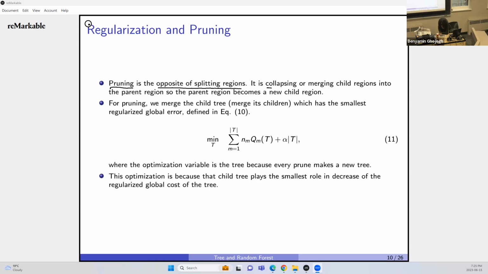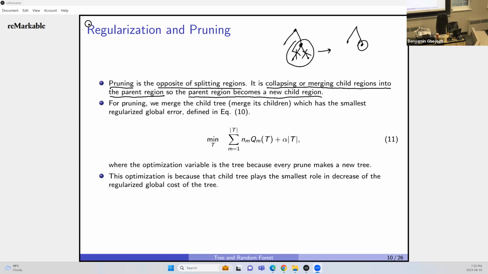It is collapsing or merging child regions into the parent region. So the parent region becomes a new child again. What do I mean? An example is this. I have this. If I prune this, what happens? I merge them, so I will have this. I'm getting rid of these 2 things, so the parent itself becomes a new child.